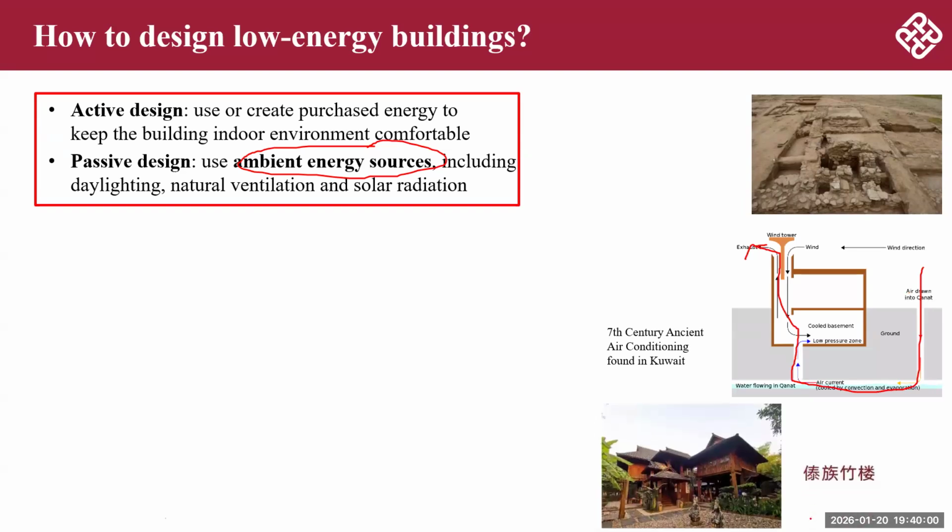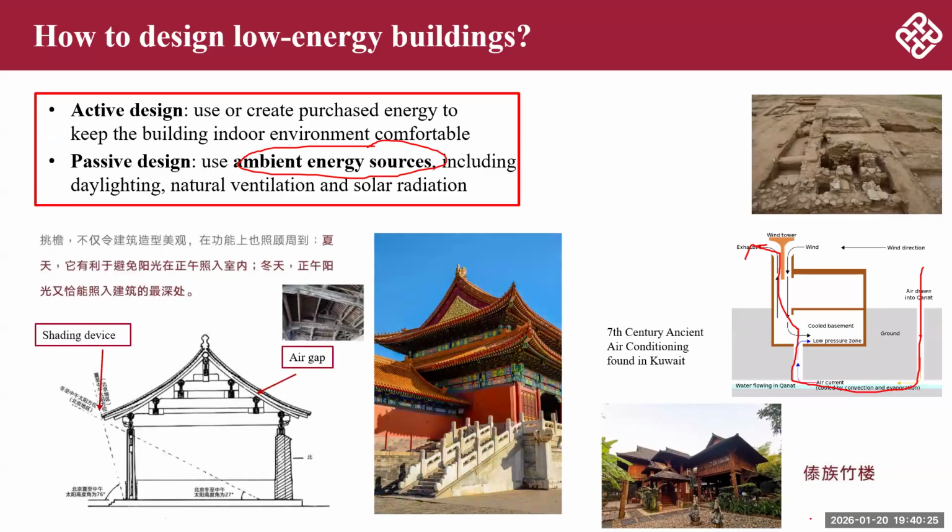And sure, in China, we have buildings that choose thermal insulation materials such as bamboo to reduce the heat transfer between the outdoor environment and the indoor environment.